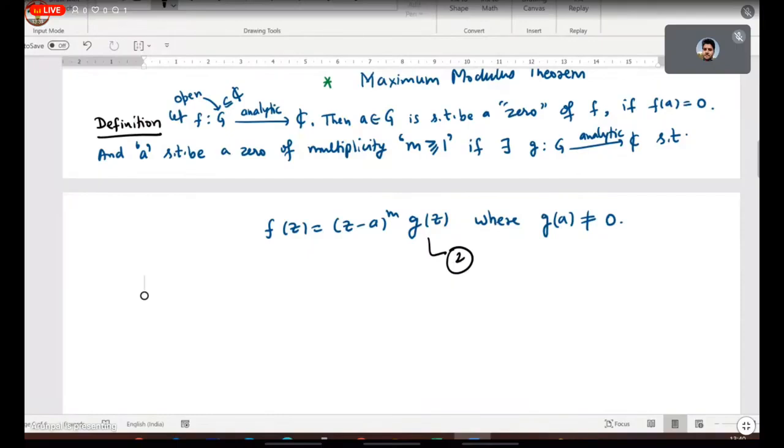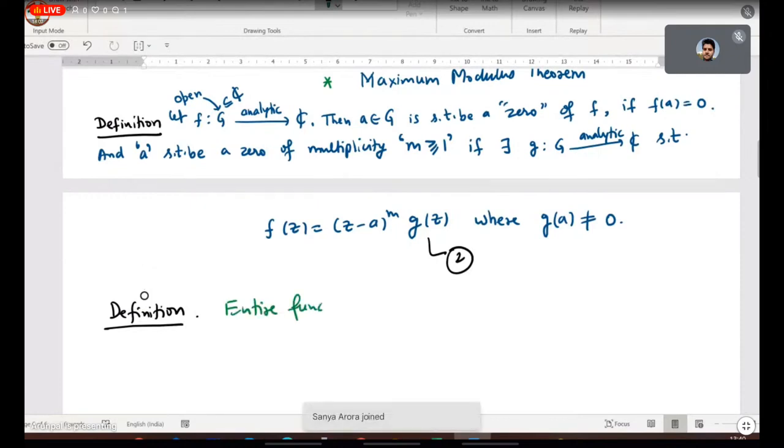If the zero has multiplicity m, it means that f(z) can be expressed as (z minus a) to the power m into another analytic function for which a will not be a root. Plus, there is another very simple definition, though there is nothing like a definition in it. This you already know, and that is the entire function.